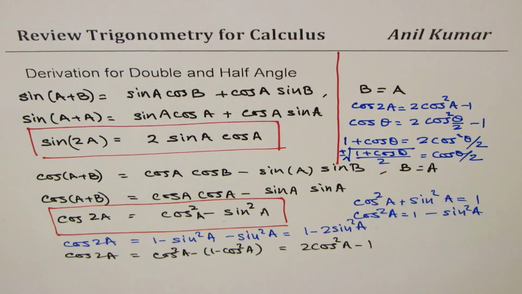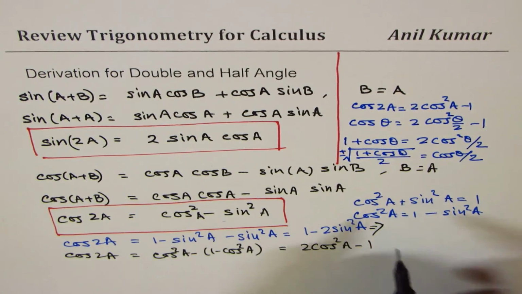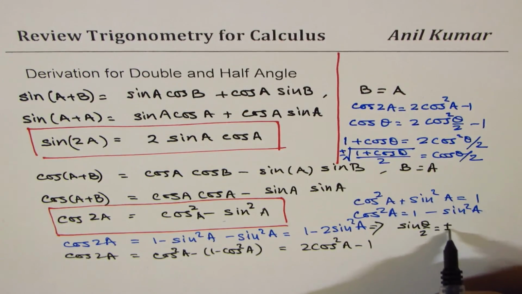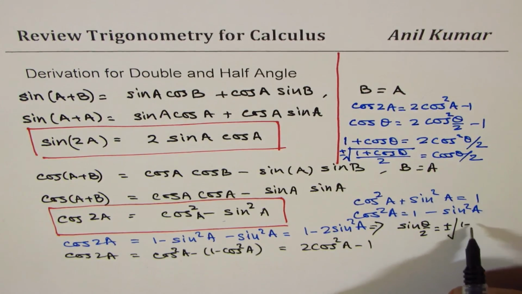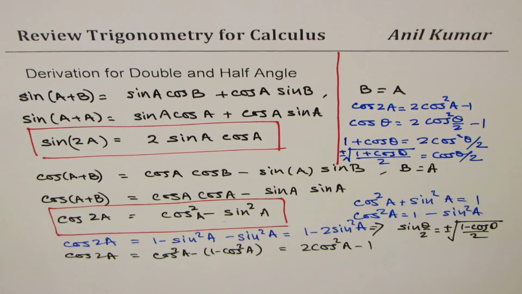Do you see that? Now the same thing could be done with the sine 2A formula also, and this could be rearranged and written as sine theta by 2 equals plus or minus square root of 1 minus cos theta over 2. So they become half angle formulas for you.